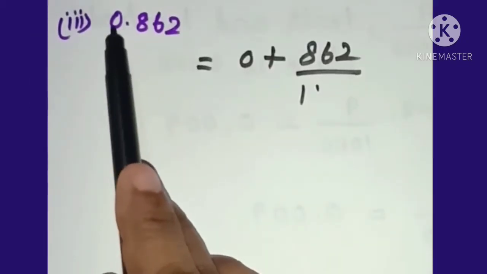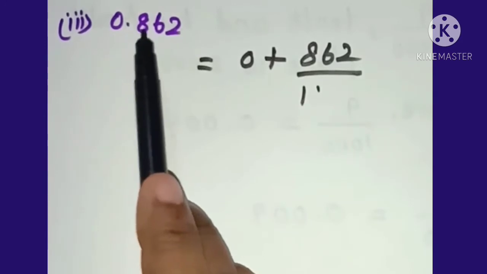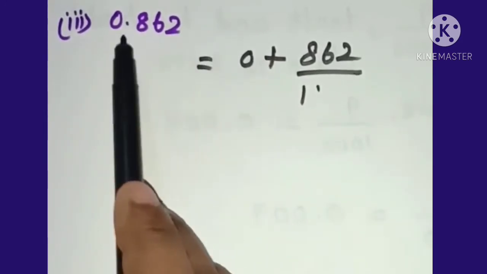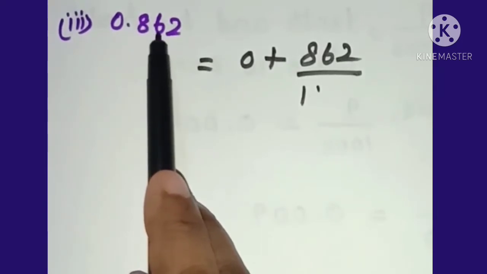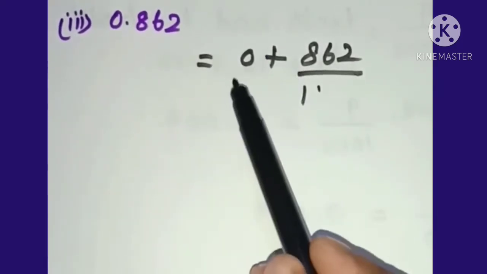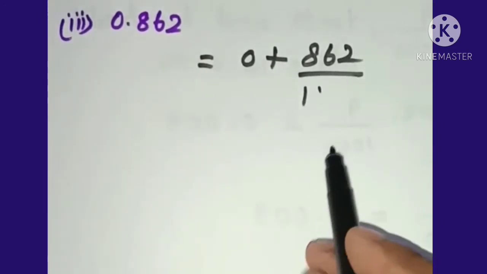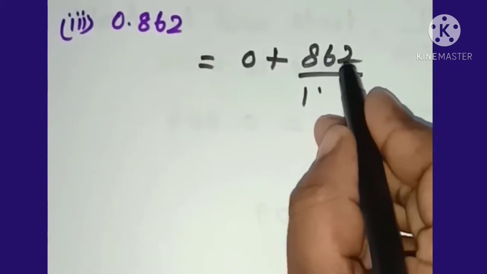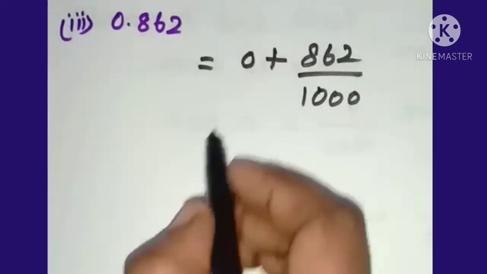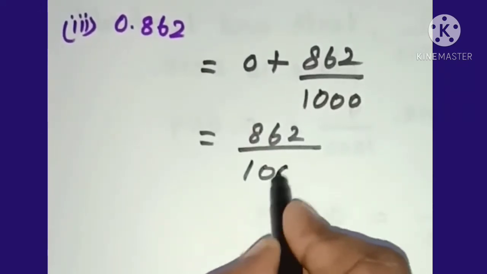Students, it is given that 0.862. Here we have to convert the given decimal number into a simplest fraction. So here tenths, hundredths, thousandths. It can be read as 0 and 862 thousandths. So that is 862 divided by 1000, that is 862 by 1000.